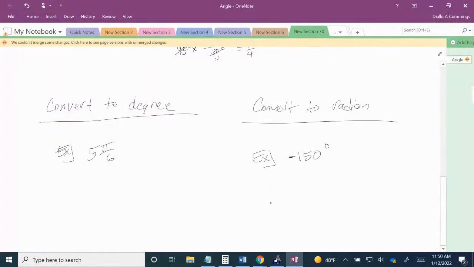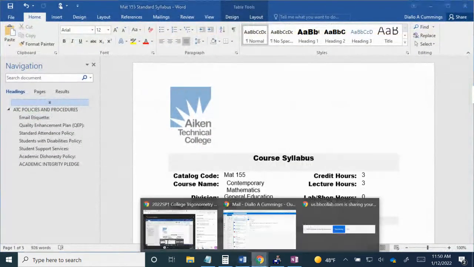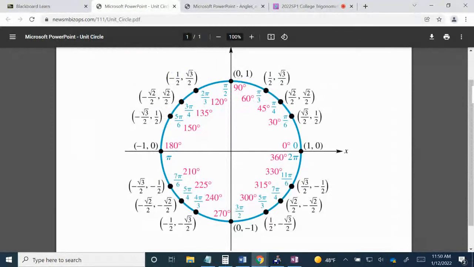All right, so we're turning back with the solution for 5 pi over 6. Converting that to a degree measure, I'm going to look at the unit circle. If I look at the unit circle, I can see that 5 pi over 6 is 150 degrees.